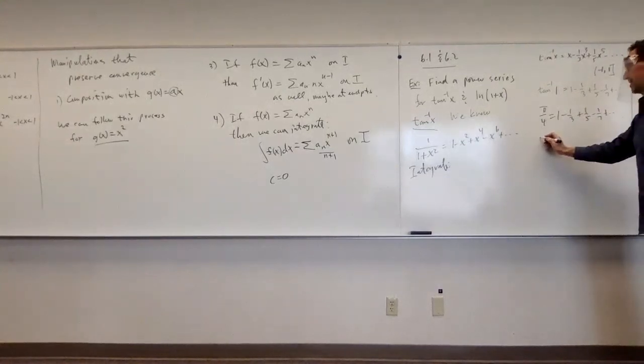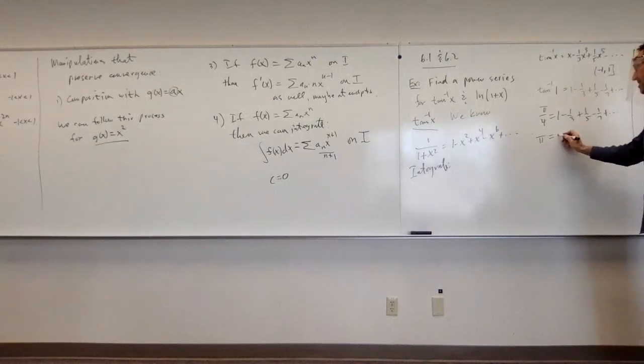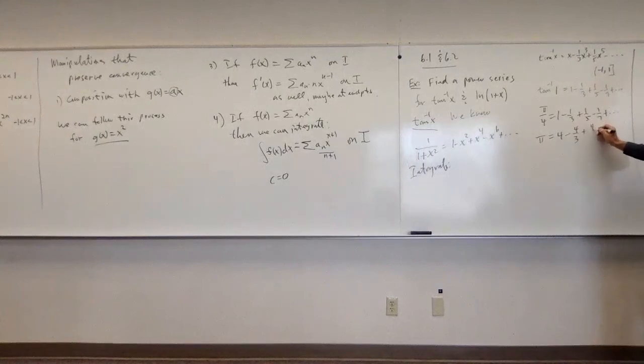And just for the fun of it, let's multiply by 4. And what have we found? A formula for pi. You hear about people who try to memorize the first 100 or 1,000 or 2,000 digits of pi. How do we know what those digits are?